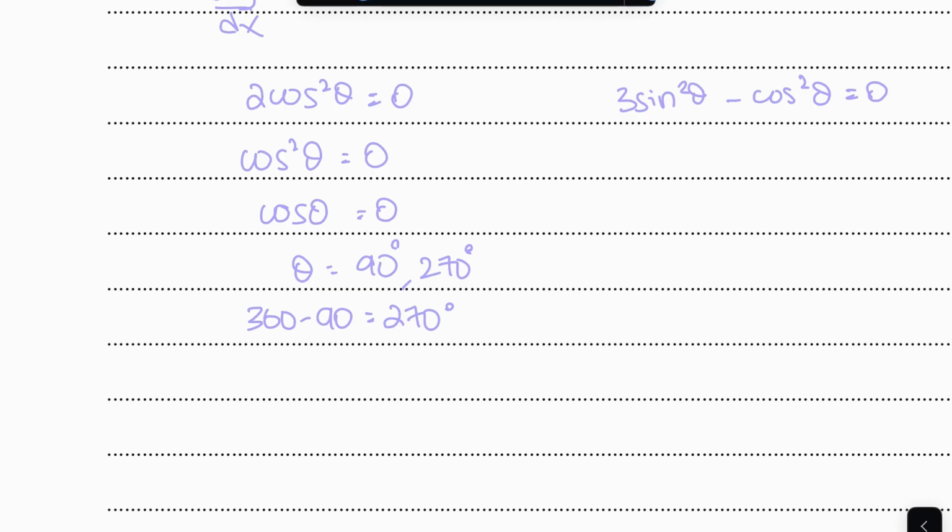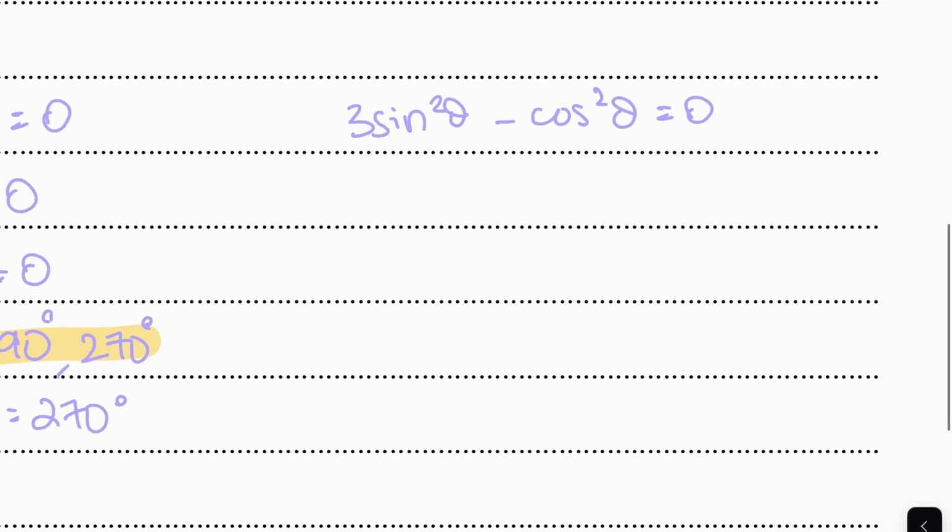And then let's take another look at this one and see what value we're getting from this equation. So I'm going to send the cos square to the other side, and I can see that if I do sine square over cos square, I could get tan square.